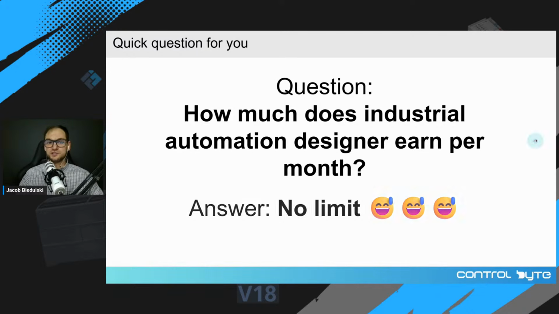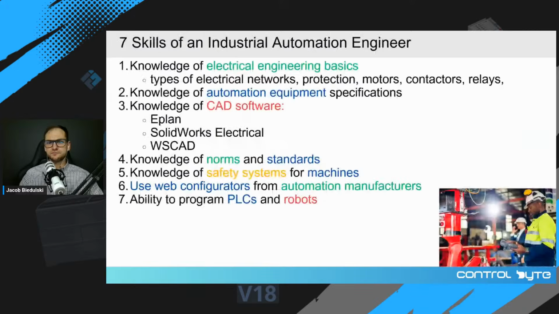There is a huge demand on the market for automation specialists. To become an automation specialist, you need to gain some essential skills like knowledge of electrical diagrams, CAD software, knowledge of international standards, safety systems, and more.